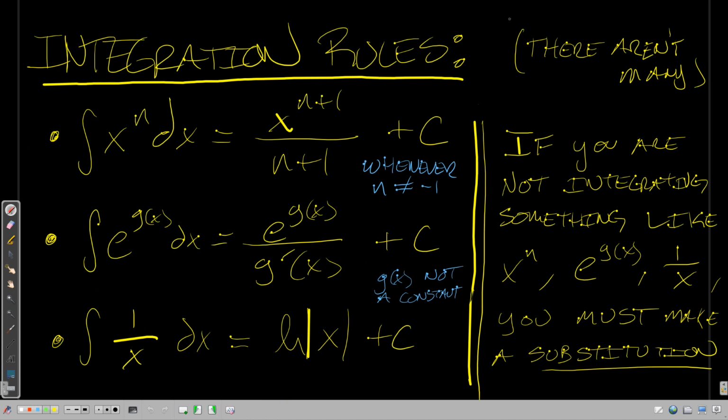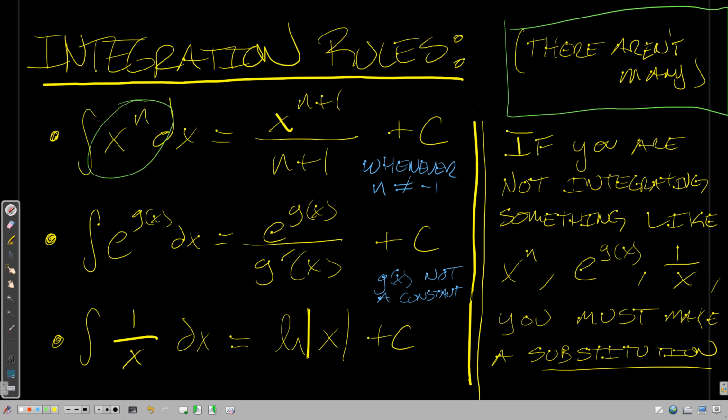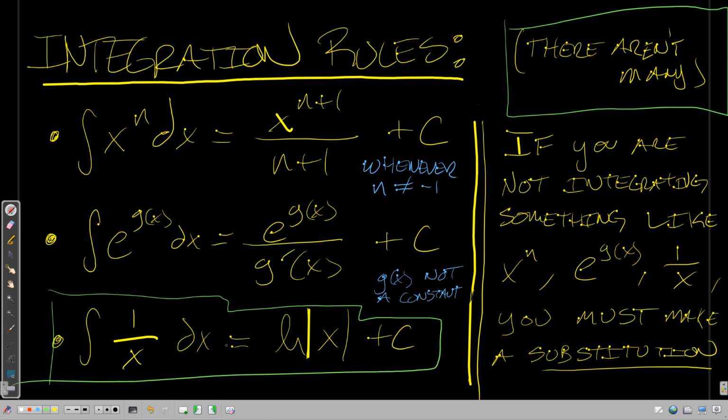For your integration rules, you don't have very many. You have these 3 rules and you don't have any other ones. So there's not a lot to remember. If I'm going to integrate something that looks like x to the n, all I need to know how to do is how to add 1. If I can take whatever n is and add 1, then I can find the antiderivative. Now that will work so long as n is not -1. If n is -1, you're in this situation.